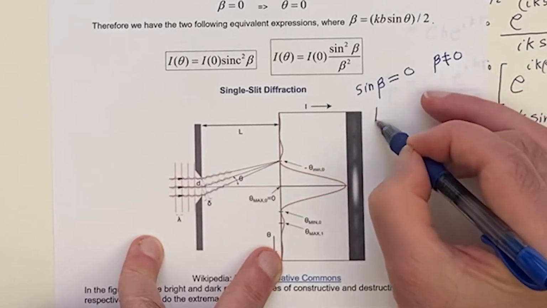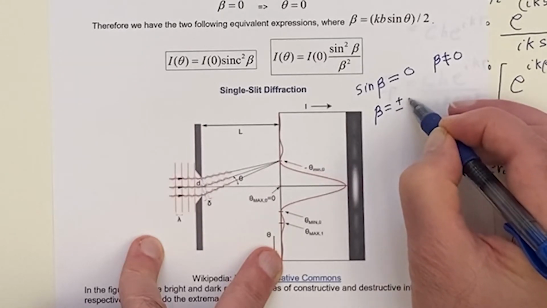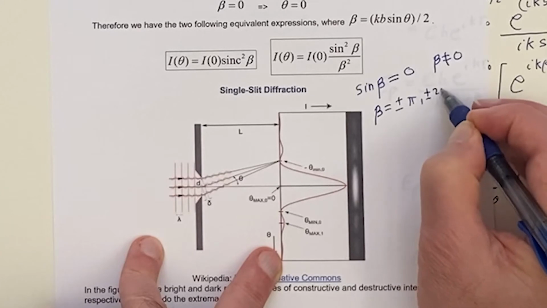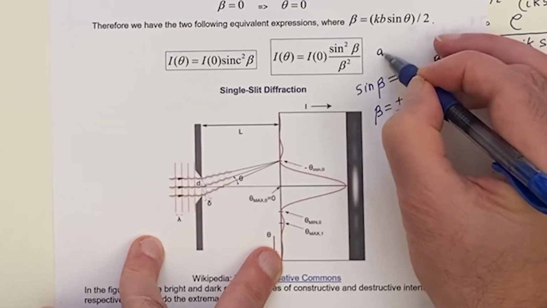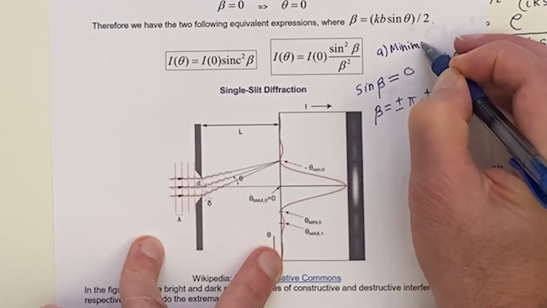And that's easy because the sine is going to go to 0 on us at plus or minus pi, plus or minus 2 pi, etc. So let's consider the analysis for the minima.